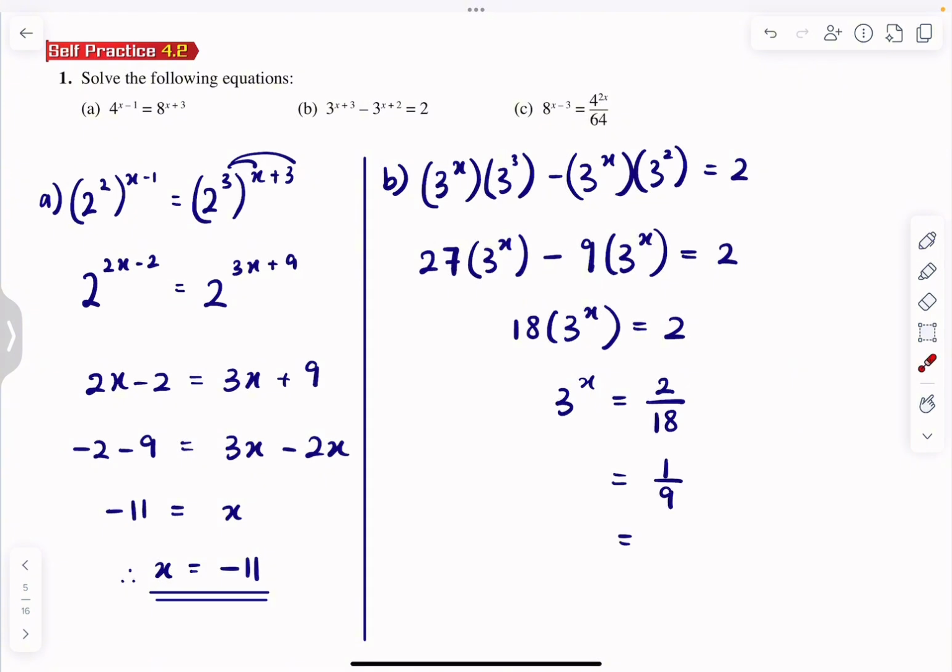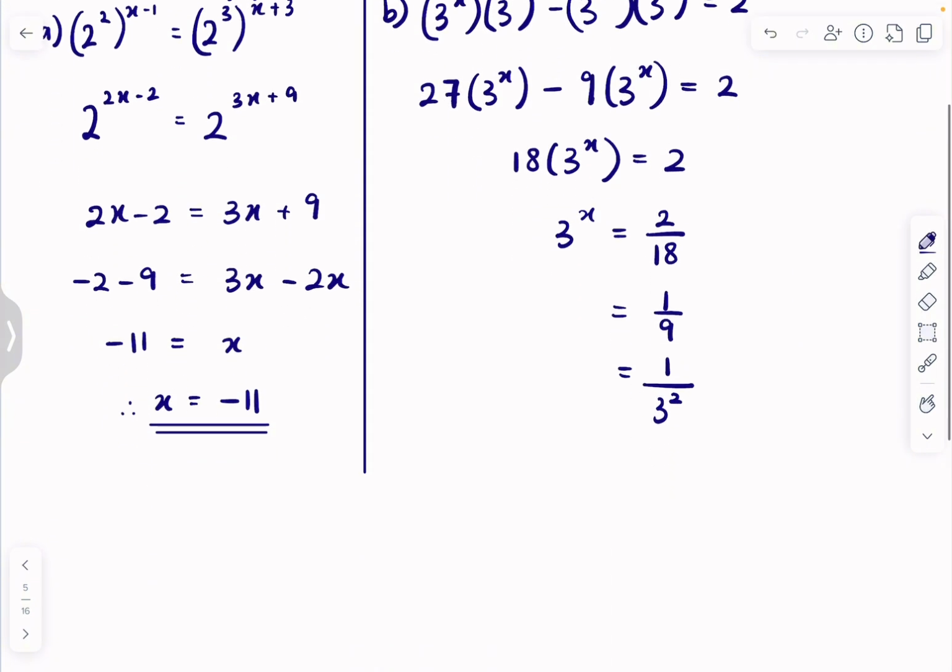which we can convert to base 3. So 9 is 3 squared, so you can say 1 over 3 squared. Then we have 1 over, right? So this 1 over will become negative 2. So you can write this whole thing as this. Whenever you have 1 over, you can just put a negative.